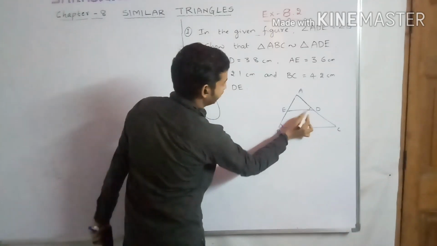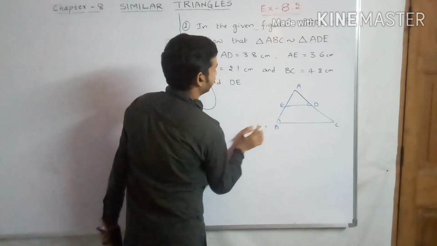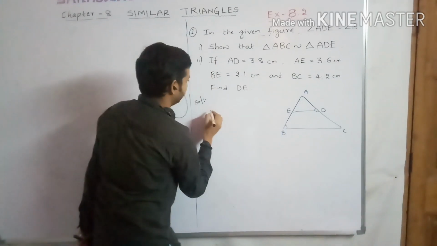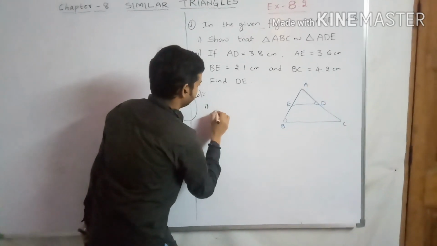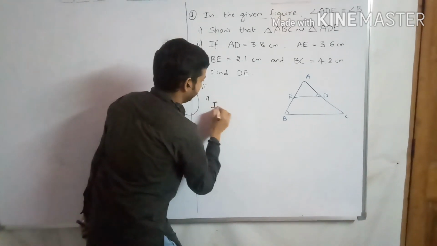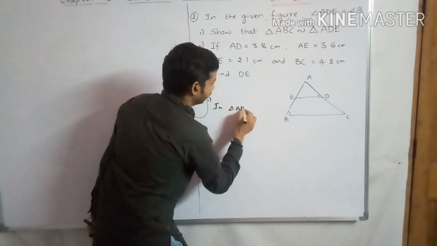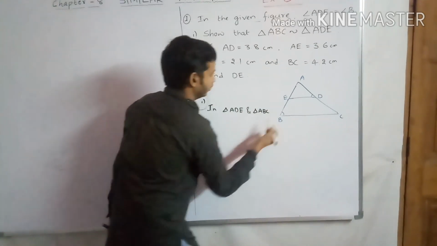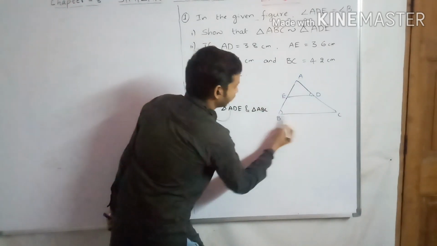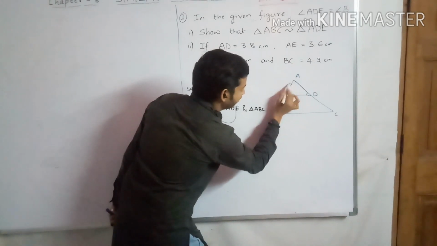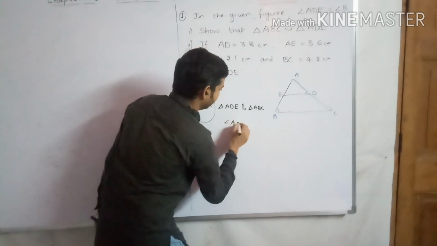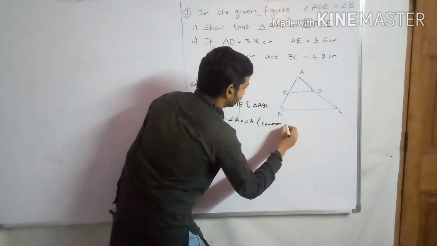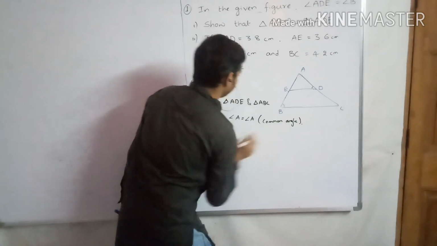Angle ADE equals angle B has been given, and we have to prove that triangle ABC is similar to triangle ADE. So first, to prove: in triangle ADE and triangle ABC, considering the whole triangle, angle A equals angle A, that is the common angle in both triangles.